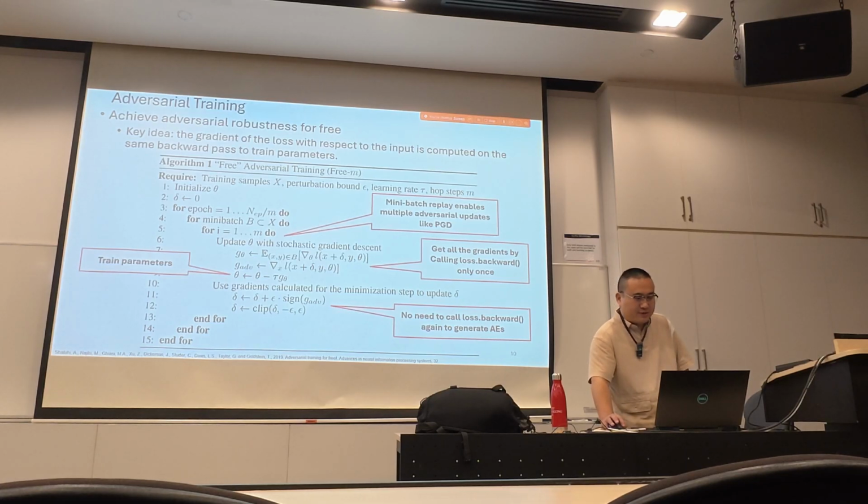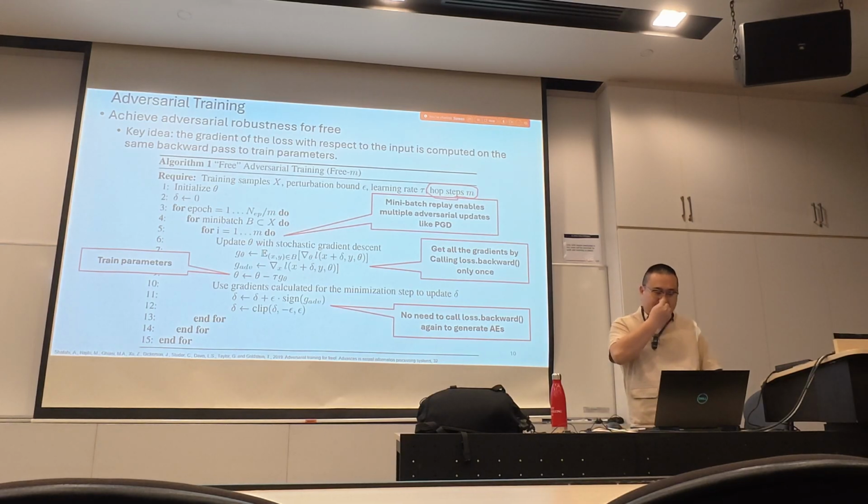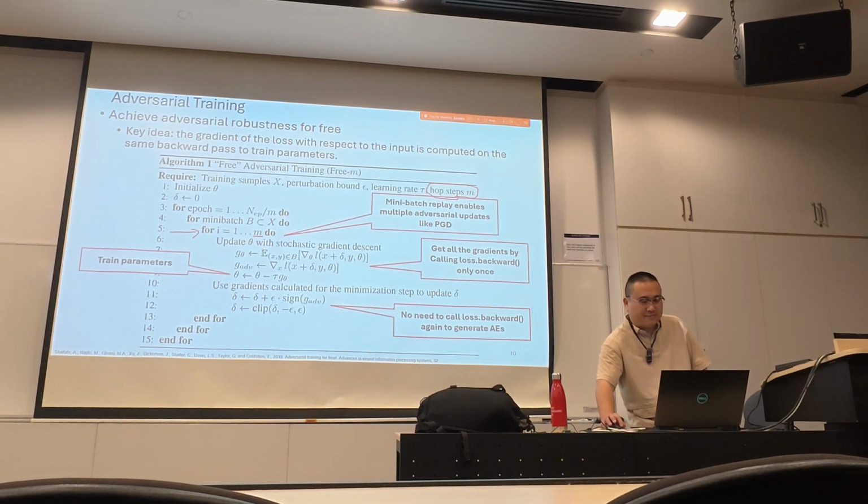And then to mimic the PGD-style update, we introduce the hop steps. Because for PGD, remember that we calculate the gradients for multiple steps and update the perturbations in a loop. Here we want to mimic the same strategy used by PGD. So we introduce a loop: for m times, where m is a parameter called hop steps.